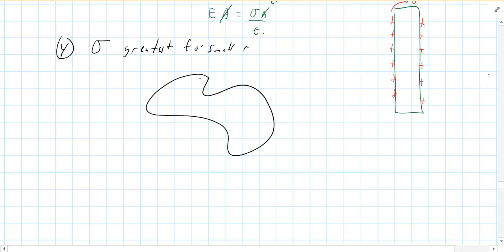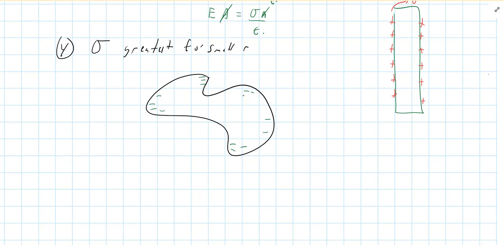You're going to get more charge at the corners, like so, than you're going to get at the smoother parts. And again, partly because the charges are trying to get away from each other. They're repelling each other, so that's as far away as they can get. And again, they're going to arrange themselves such that the electric field in the conductor everywhere is 0.